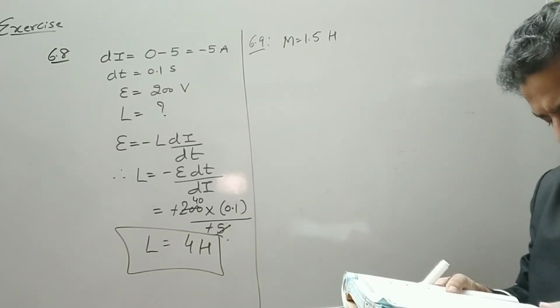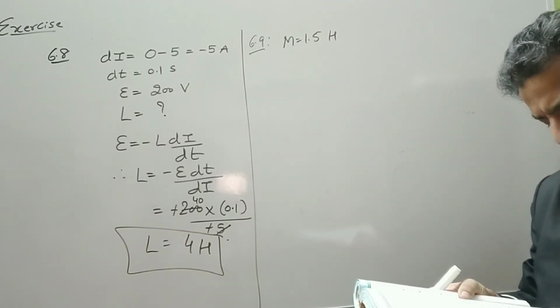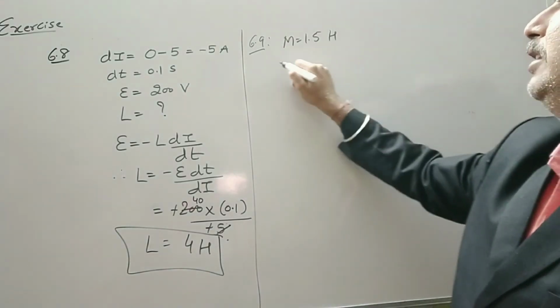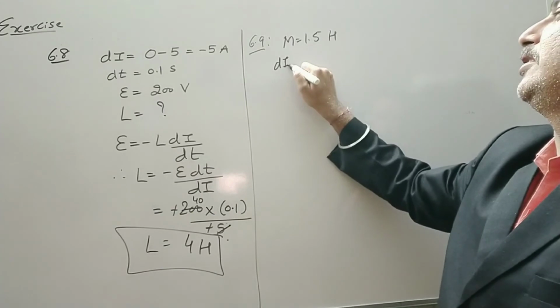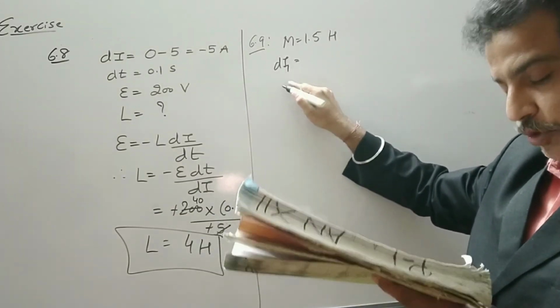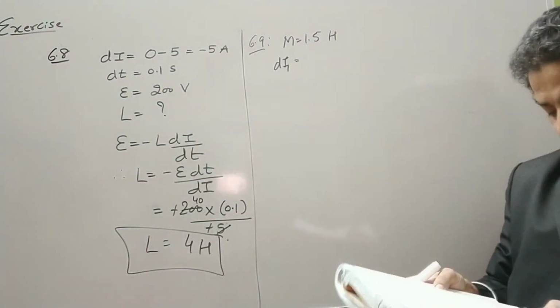If the current in one of the coils changes from 0 to 20 ampere in 0.5 second, again change in current is given. So let us say the change in the current is in coil 1. So we say di1. So EMF will be induced in the second coil.